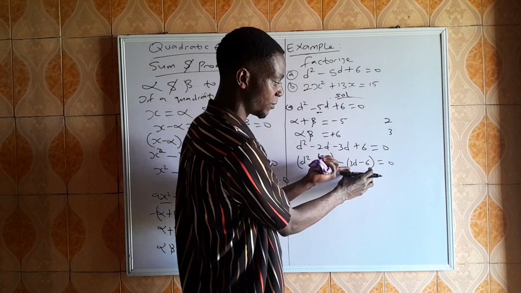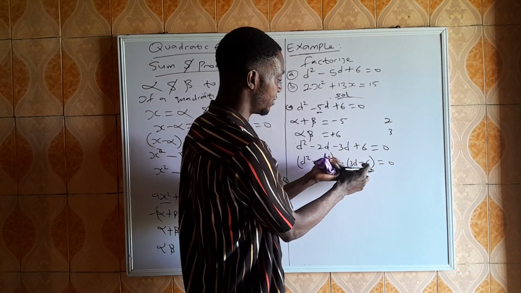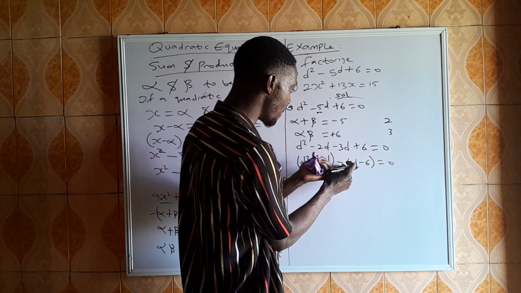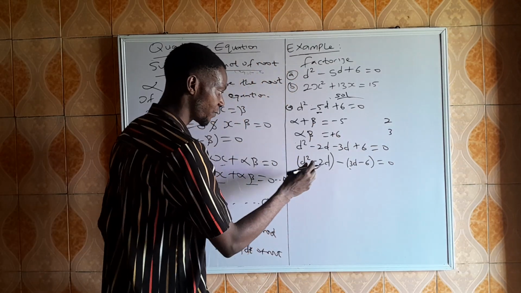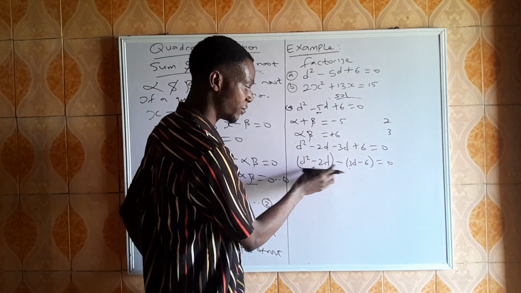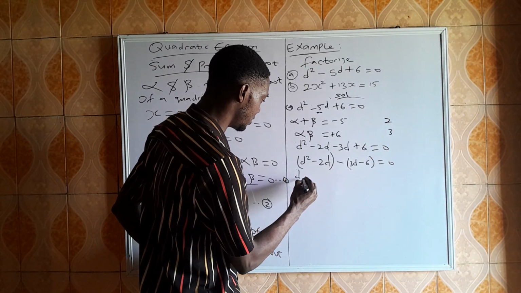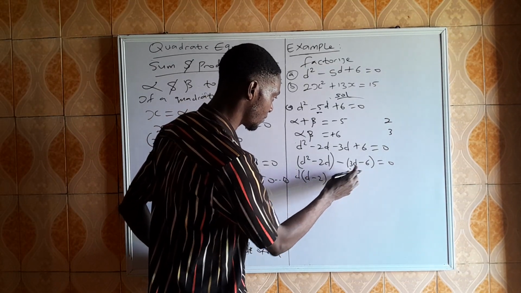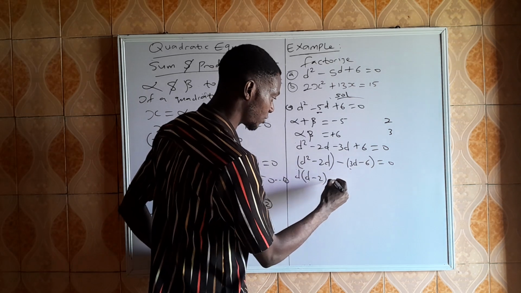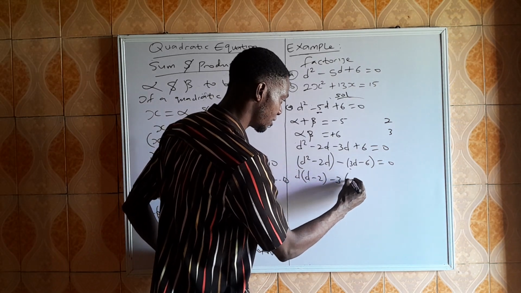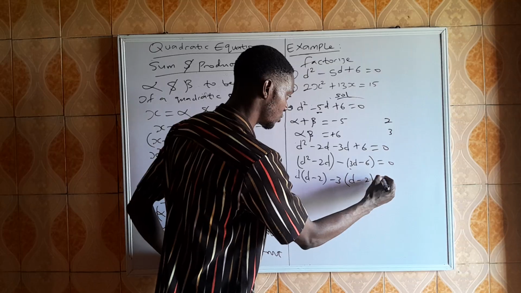When you expand this expression, minus multiplied by 3d gives you minus 3d, then minus multiplied by minus 6 gives you plus 6. Now if you bring out the common values, d, you have d times (d minus 2). And the common value here, 3, can divide both, so you have minus 3 times (d minus 2) equal to 0.